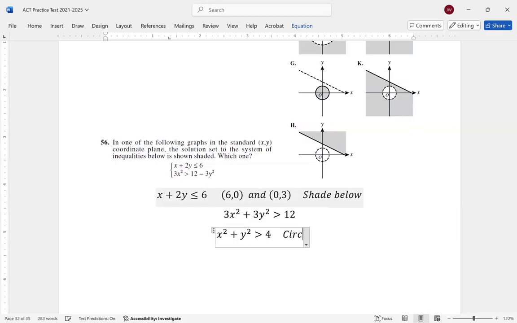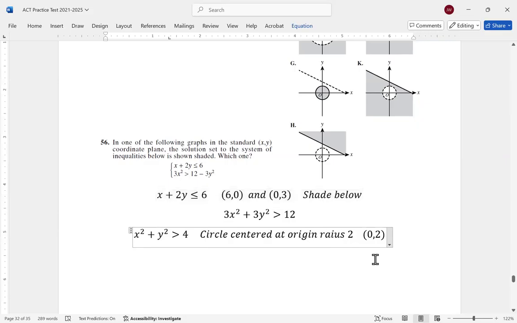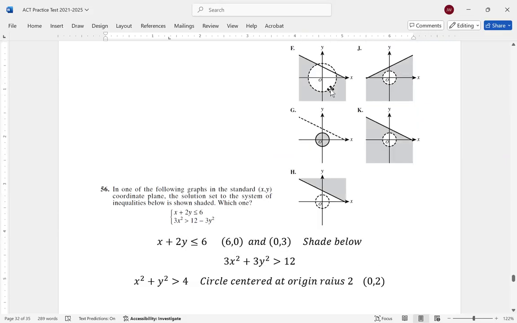That is a circle centered at the origin with radius 2. So for instance, it's going to go through the point (0, 2). I say that because to distinguish between F and K, we're going to distinguish whether the circle goes above the point (0, 3) or below the point (0, 3).